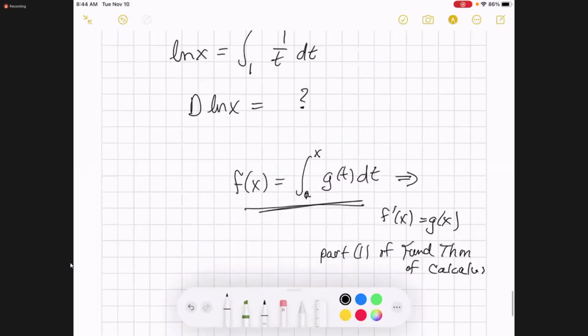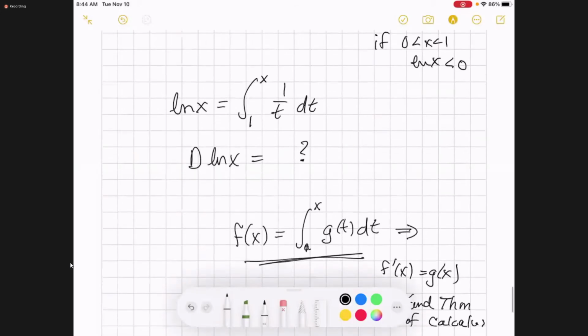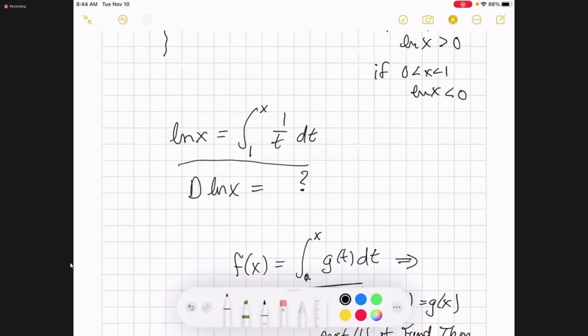So since I'm defining this function in terms of the antiderivative of 1 over t, the derivative of this function is basically, well, it's not 1 over t, it's 1 over x.